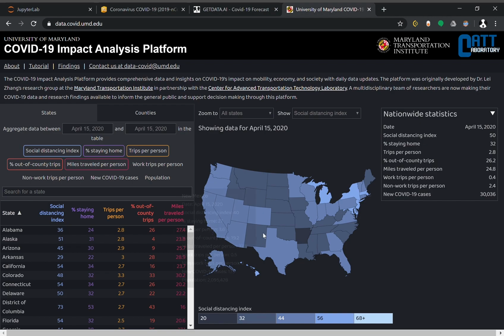But these states have not had a lot of infection, so they're not social distancing. Now, the problem is their findings are that people only start social distancing after the infections explode. But by that time, it's too late. So you have to get ahead of it, and you have to be smart about it, and do things that South Korea did. They got on top of it very quickly, and because of that, they're going to have much fewer deaths than us. Again, this is at data.covid.umd.edu.